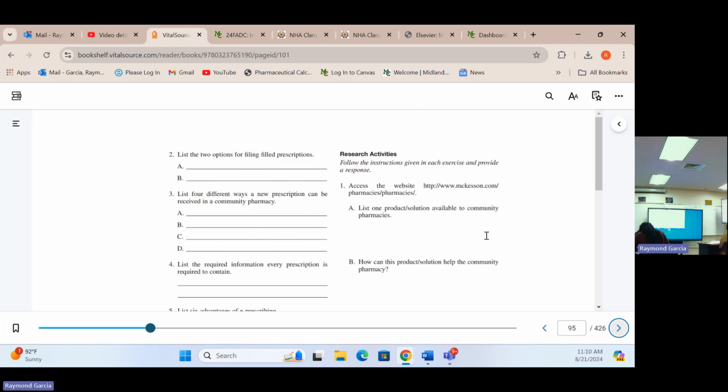And then for letter B, option 2, two separate files: a file for Schedule 2 drugs, and a file for all other drugs, including Schedule 3 through 5 as well. All you have to write is three separate files and two separate files.